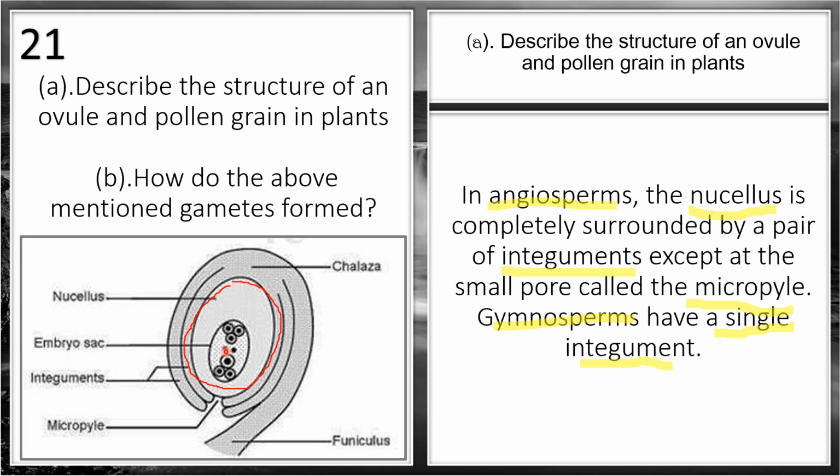Now, if the nucellus is surrounded by two integuments, a pair, here we have the integument and then another integument outside, then you know that is an angiosperm. But if the nucellus is surrounded by only one integument, then that one is a gymnosperm.